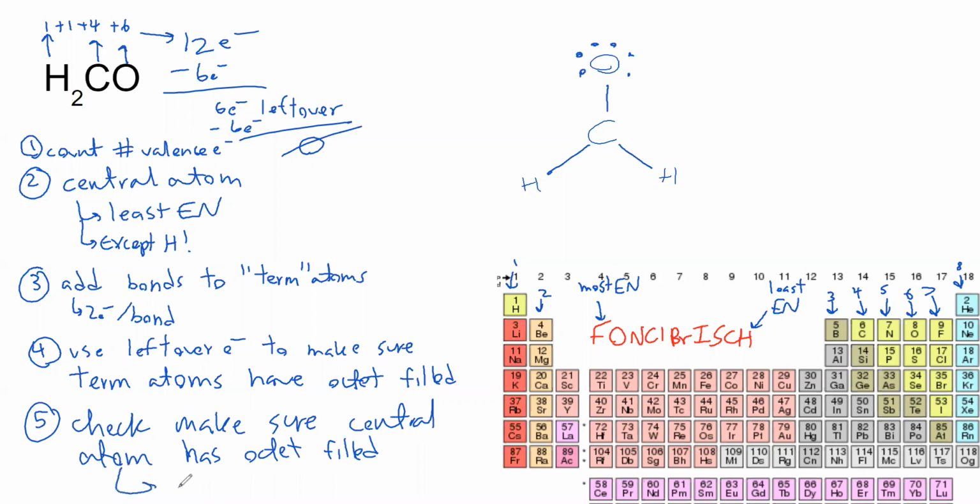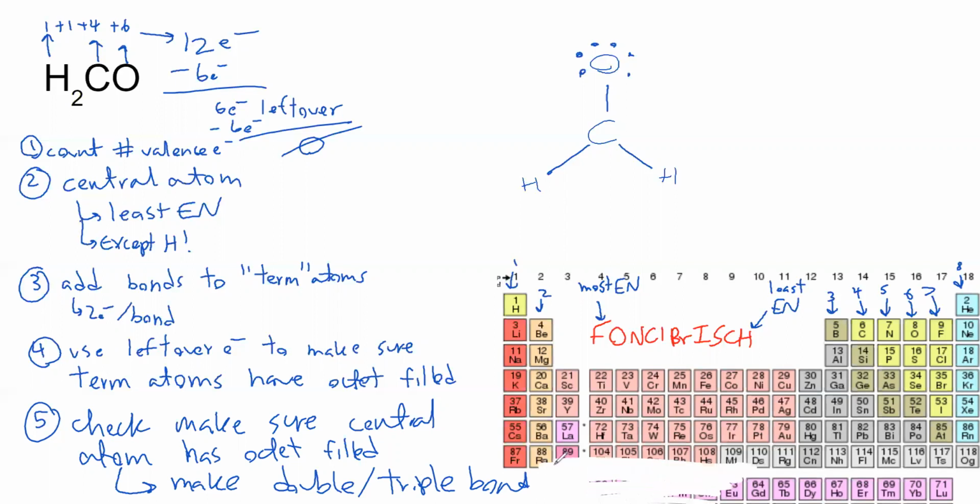If you don't pass this check, this is when you would make a double or a triple bond with lone pairs. I'll show you what we mean by that.